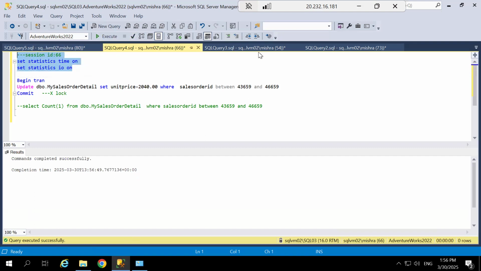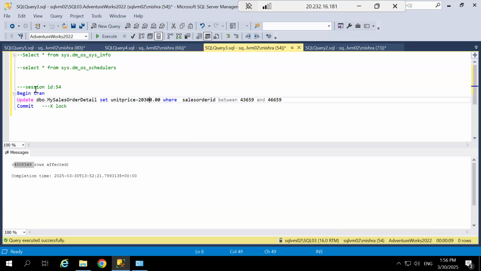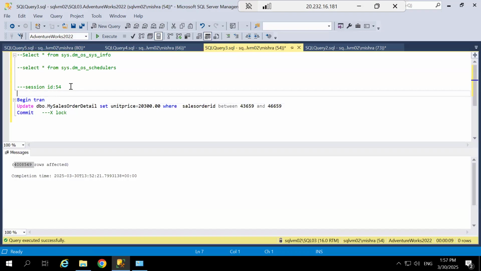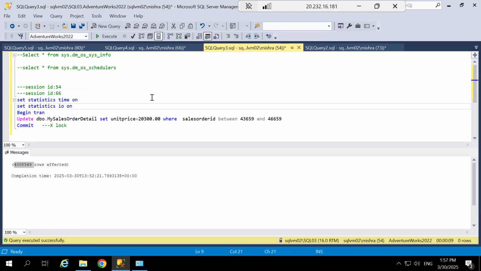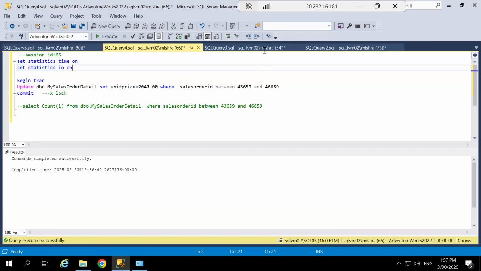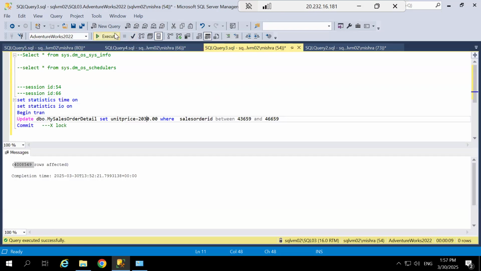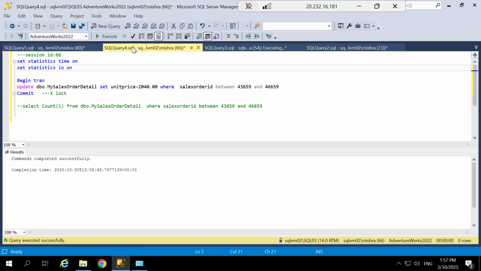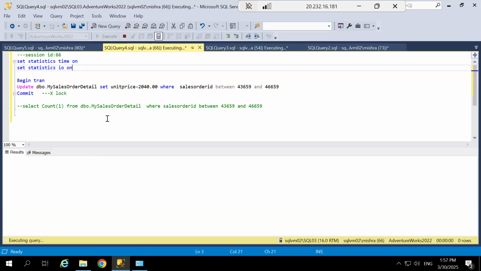Control C. Let's put it here also. Now that is fine. Let's execute it, and execute. We didn't capture the plan, right? Okay, no worries.